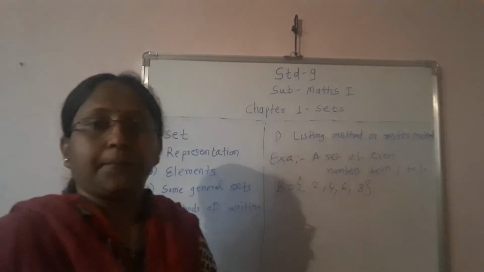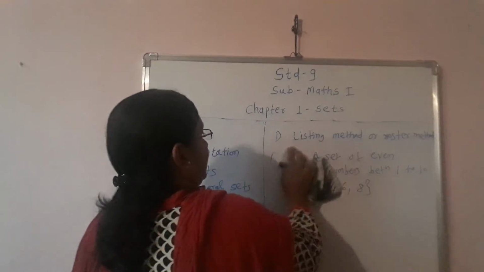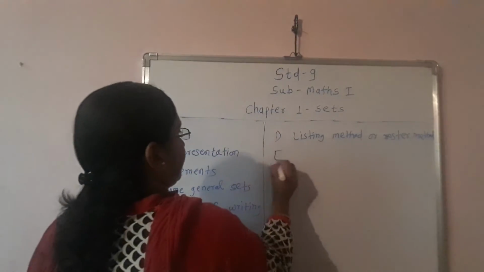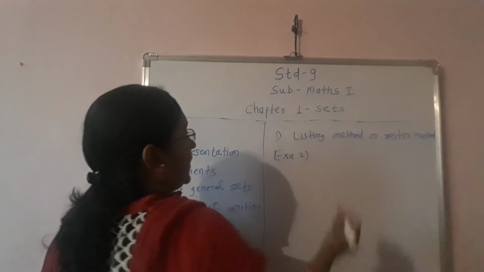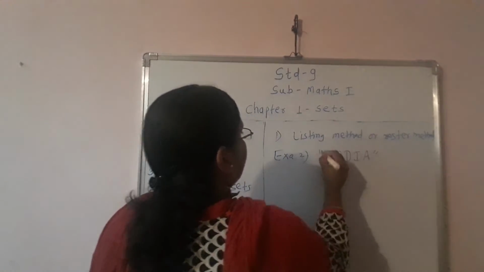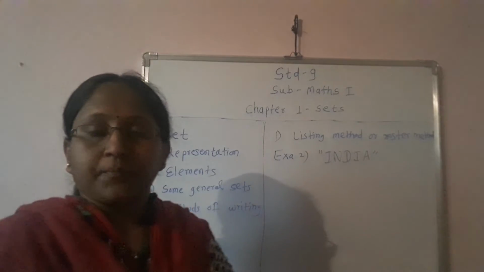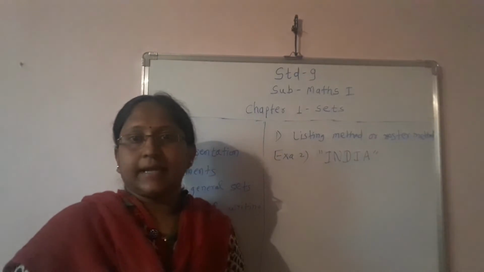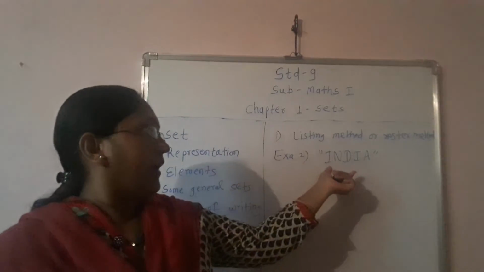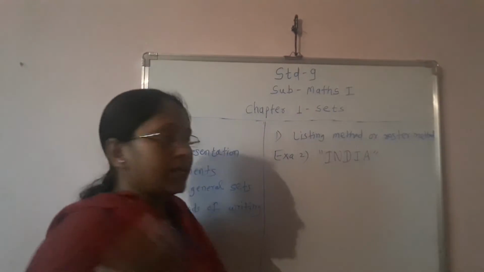And if some elements are repeated, then write them only one time. See another example, example second: INDIA. India is a word, and we write a set containing the alphabets of India.